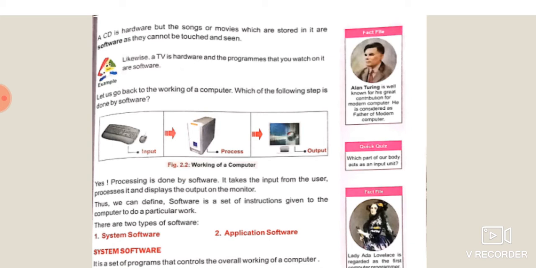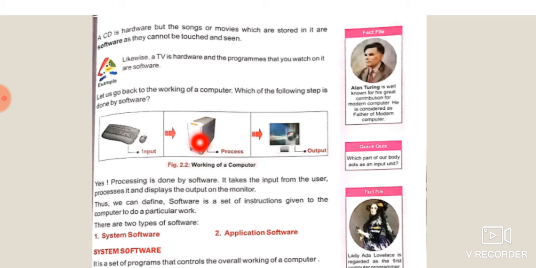Now let's go back to the IPO cycle, the input, process and output cycle, about which we talked earlier. Whenever we give any task to the system, we give input first, and that input is processed inside the CPU, and then it gives us the output.